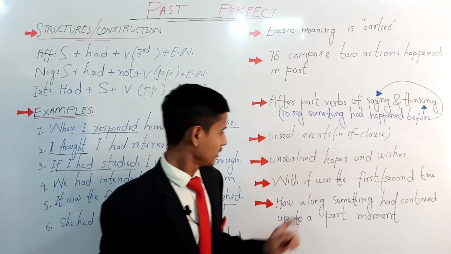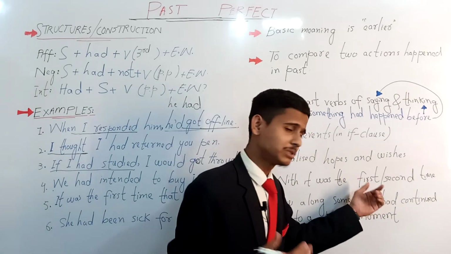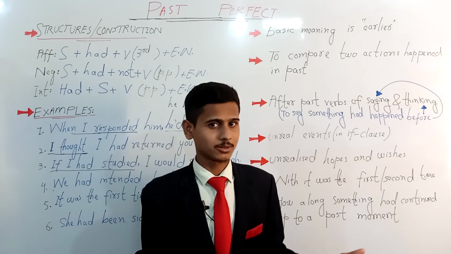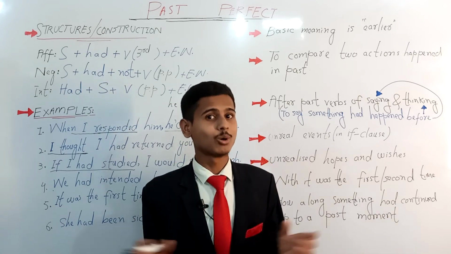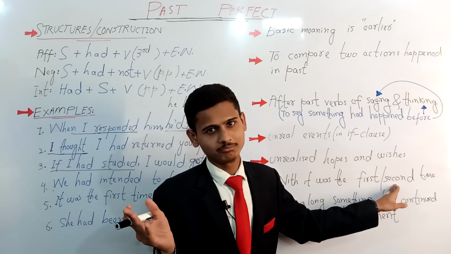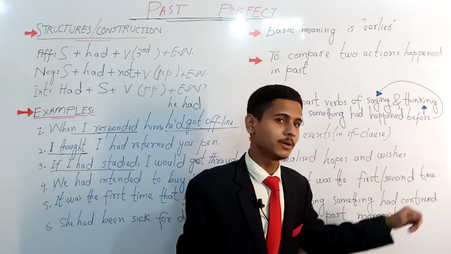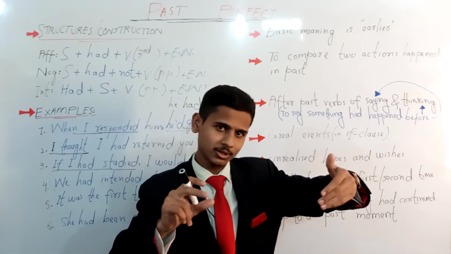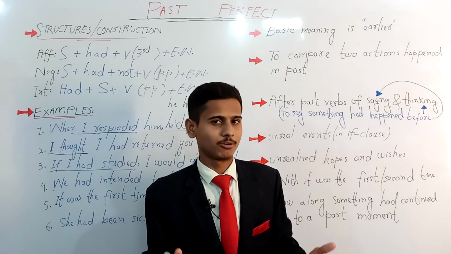This is actually with it was the first time, second time, third time, fourth time, fifth, sixth, seventh, eighth, ninth, 10th, and so on. You could put any adjective, right? Then after time, we add that. Afterwards we use past perfect tense.